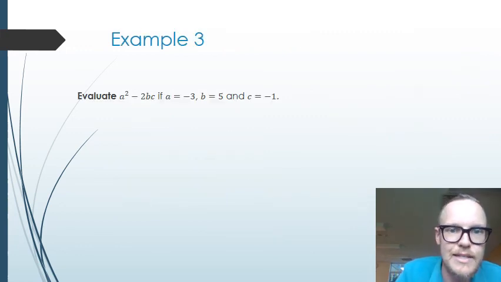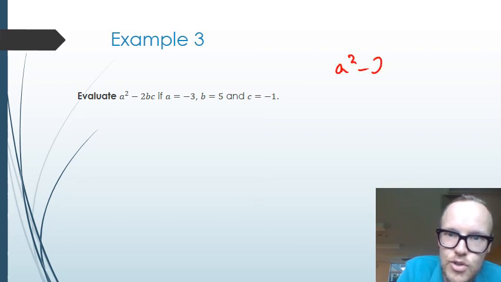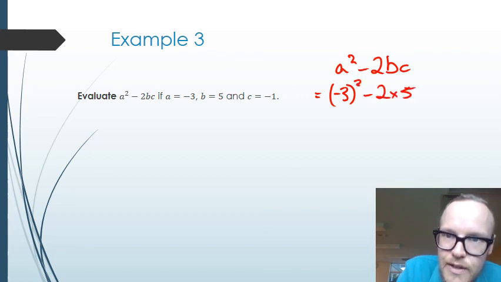So let's have a look at an example. We've got the expression a squared minus 2bc, and that's going to be equal to negative 3 squared, if we have a look at what we're substituting in, minus 2 times 5 times negative 1.